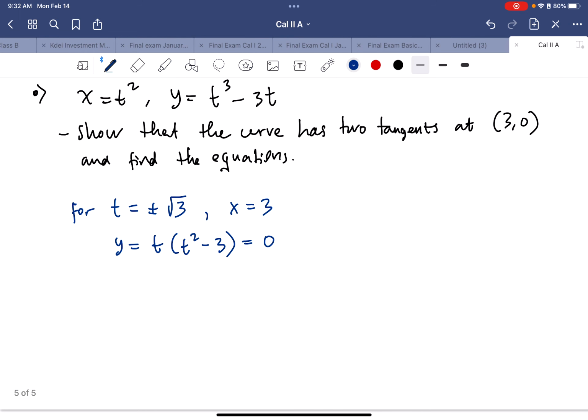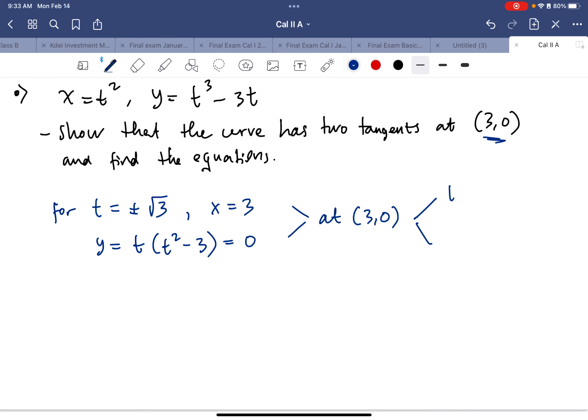So this is just to prove, if we plug in the positions, that at (3, 0) we have two values of t. That is why it is specifically stated that we have two tangents, because we have two parameter values that make the equations give this point.